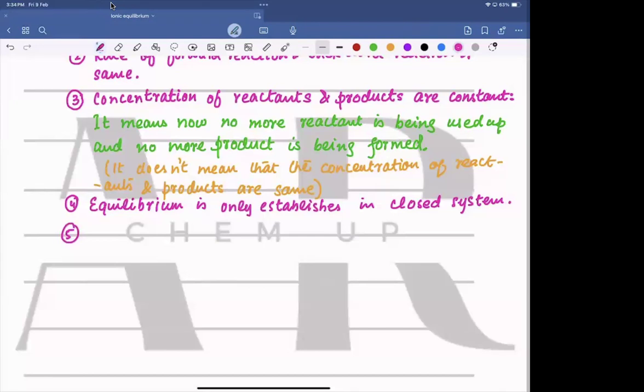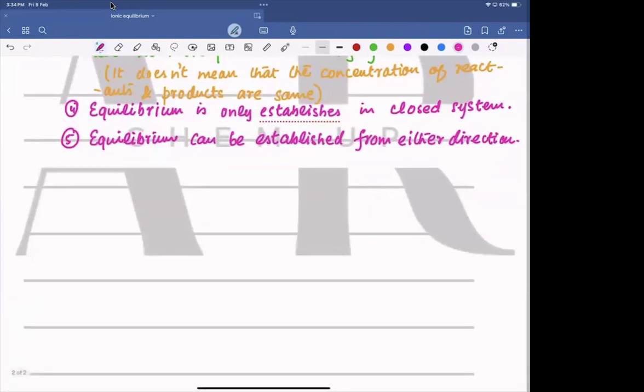Now, equilibrium can be established from either direction. It doesn't mean that we need reactants for a reaction to proceed.